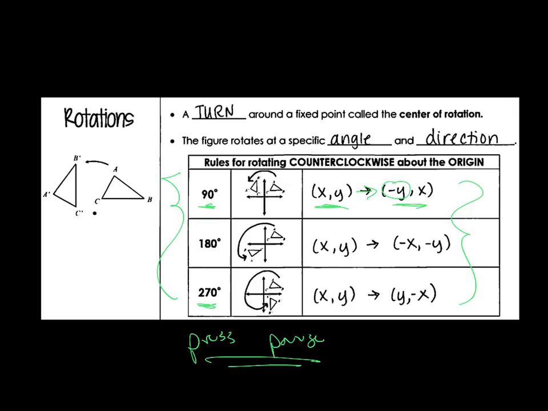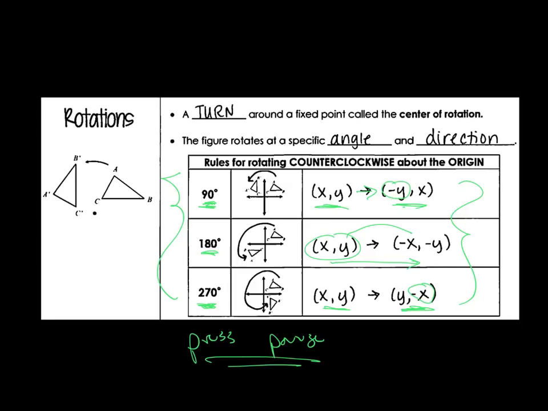We'll jump down to the 270, what happens? XY gets mapped to Y, X and the X changes the sign. So on 90 they flip-flop, Y changes. On 270 they flip-flop, X changes. On 180 they don't flip-flop, but they both change signs. Okay? And so that's in a nutshell what's happening.